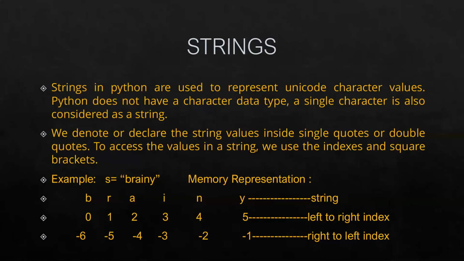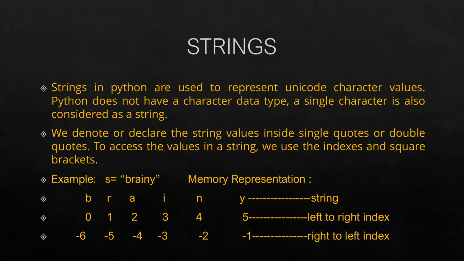And next, right to left index, which starts with negative numbers. The last character Y is assigned -1, then -2, and these keep incrementing in a right to left manner. So we can use both ways to access our values and to print our values.